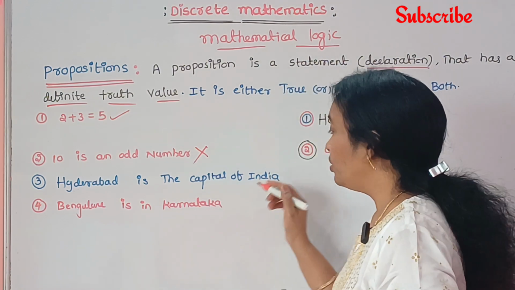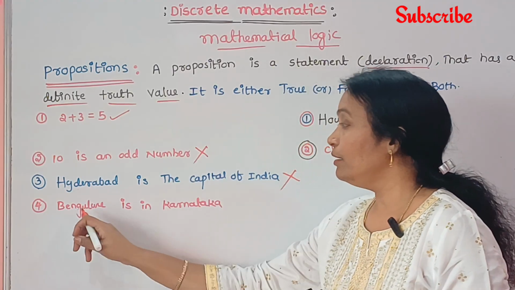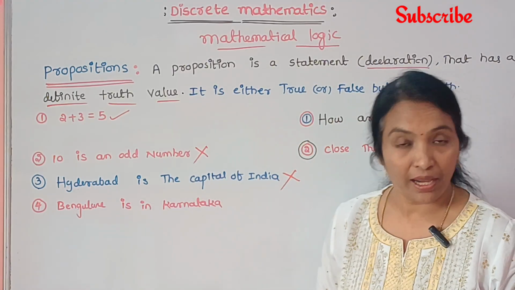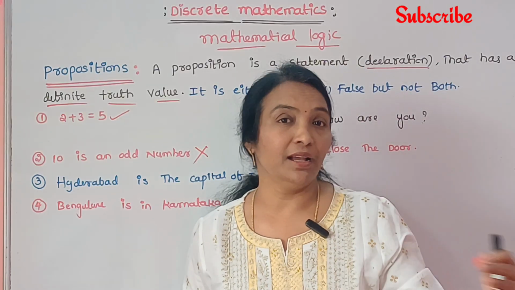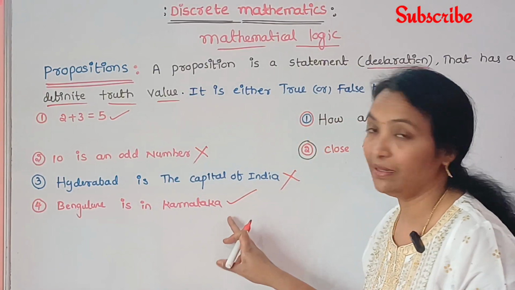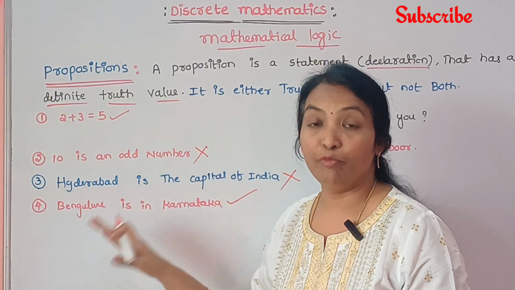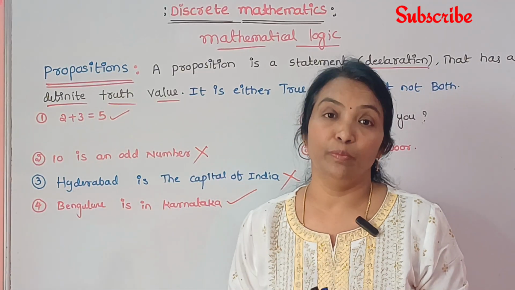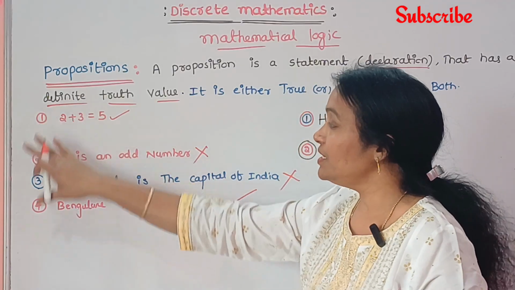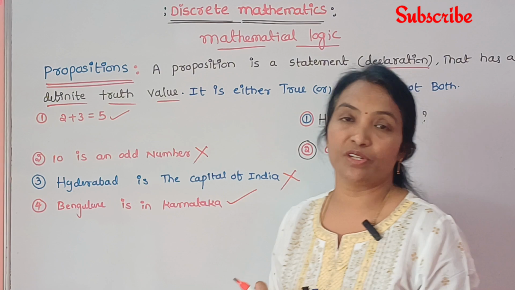No, this is not the capital of India. Wrong statement. And Bengaluru is in Karnataka. Is that in Telangana or Karnataka? This is in Karnataka only. This statement declares the true. These all are statements, whether it may be true or it may be false. These types of statements are called propositions.